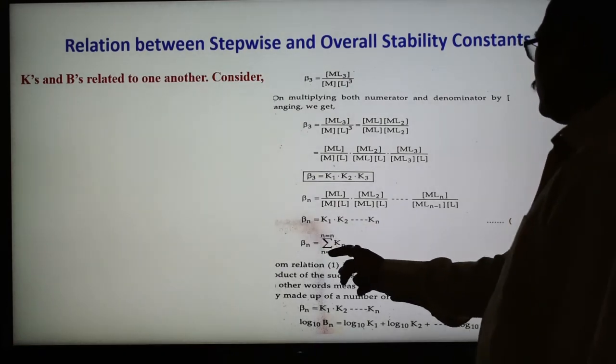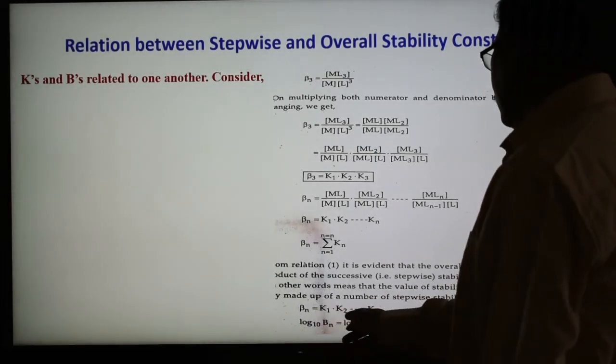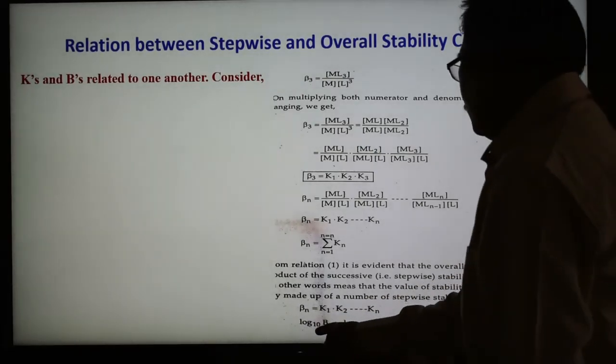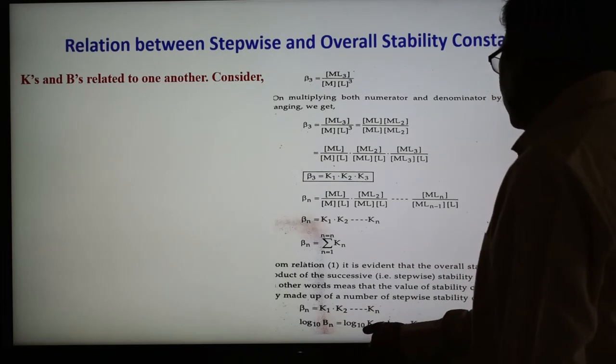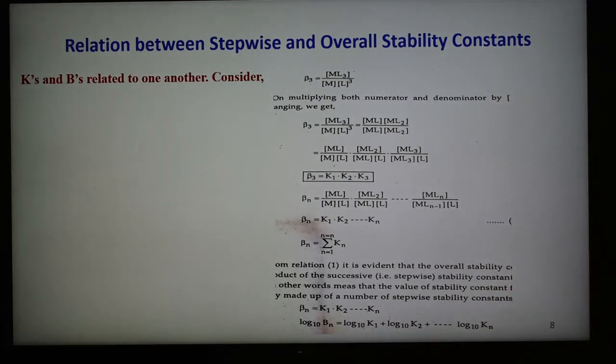In a logarithmic way we can also write log base 10 beta n equals log base 10 K1 plus log base 10 K2 and so on. So this is the expression we obtain. From this equation it is evident that the overall stability constant beta is equal to the product of successive stepwise stability constants K1, K2 up to Kn.